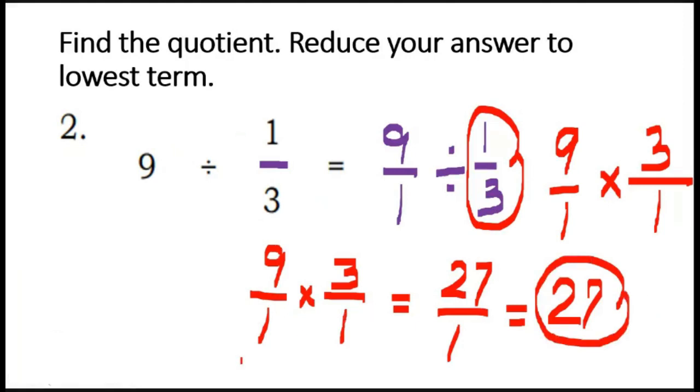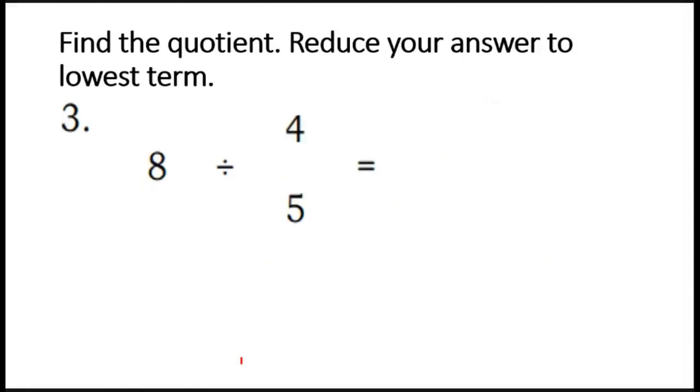Okay? Next example. Next example is we have 8 divided by 4/5. So, 8 divided by 4/5. Now, same procedure. So, 8 over 1 divided by 4 over 5.